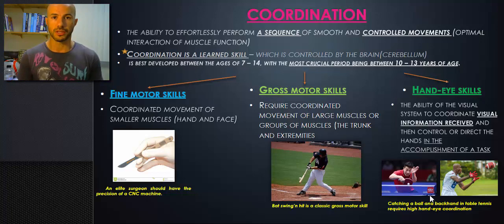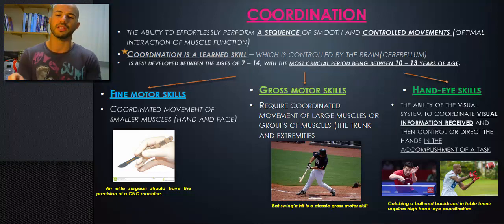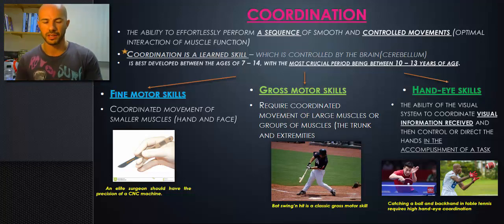If you're not using your bigger muscle groups to perform the movements, you're using fine motor skills, say like your handwriting or a surgeon performing a surgery. These are all movements that require fine motor skills. The adjustments we make are much smaller compared to the gross motor skills. And the final type of skill that requires relatively higher levels of coordination is hand-eye skills.